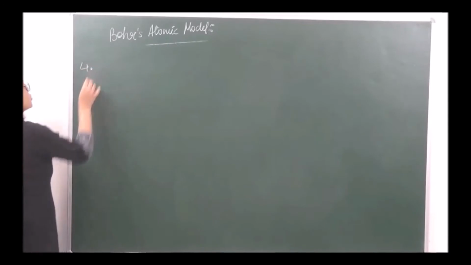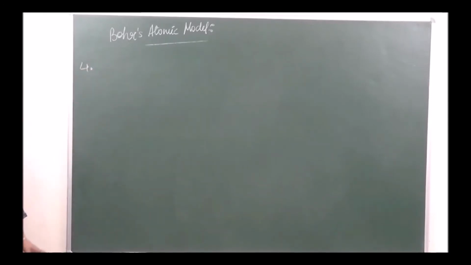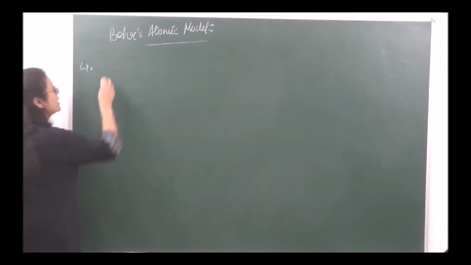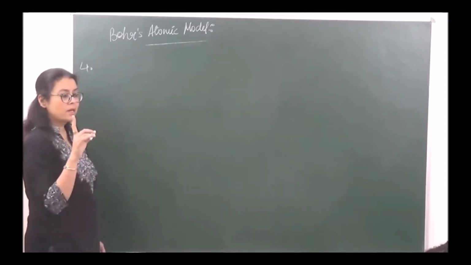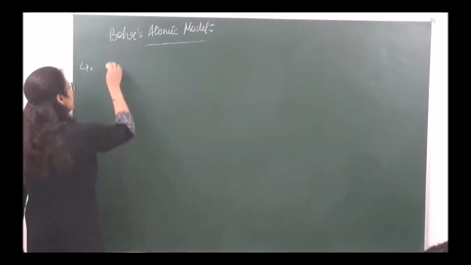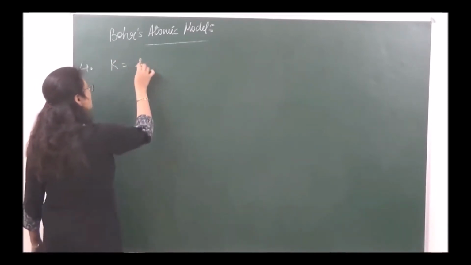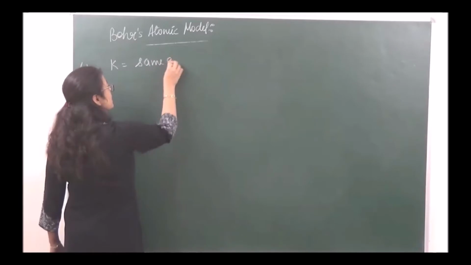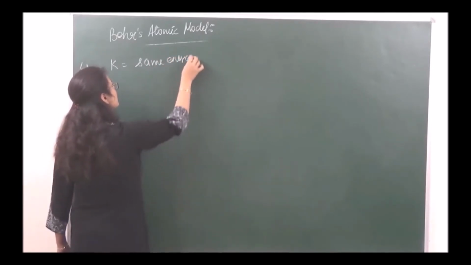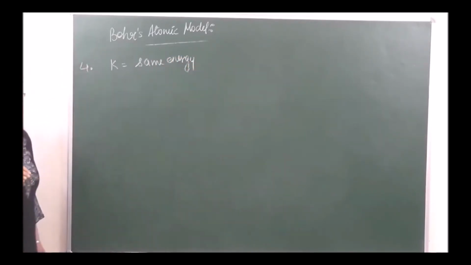Then the fourth postulate of Bohr's atomic theory was that when an electron is staying in one particular orbit, for example in K, it will have the same energy. The energy does not change till an electron shifts from one energy level to the other.